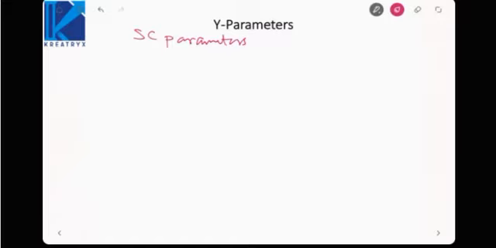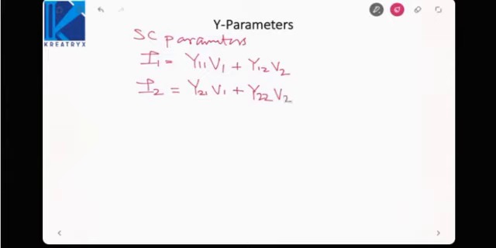Now, the equations that relate the current of one port to the voltages of the ports: I1 will be written as Y11 V1 plus Y12 V2. Similarly, I2 equals Y21 V1 plus Y22 V2.